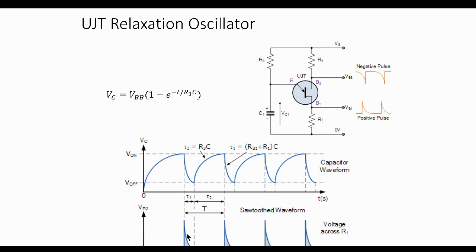So the period here would be the combination of time constant 1 and time constant 2. So it's between when the capacitor discharges and charges. That's the time we're looking for, this time.